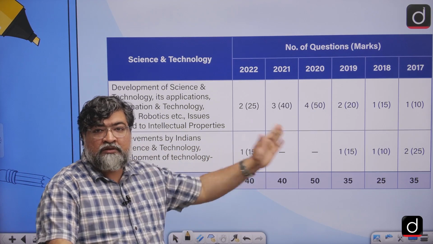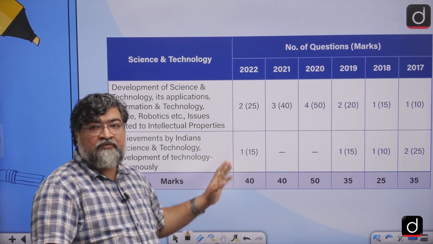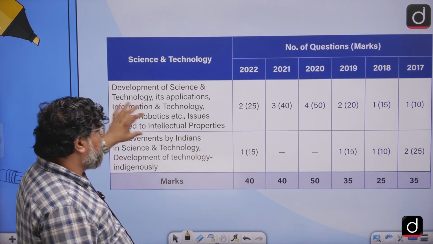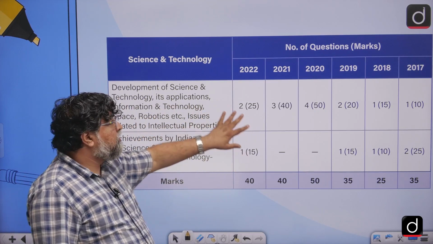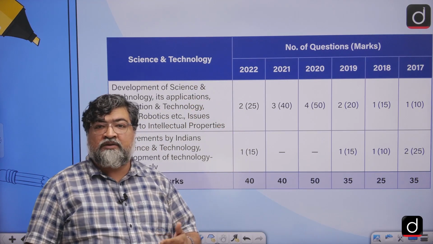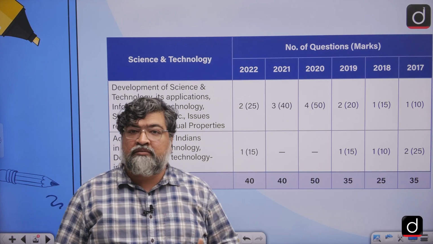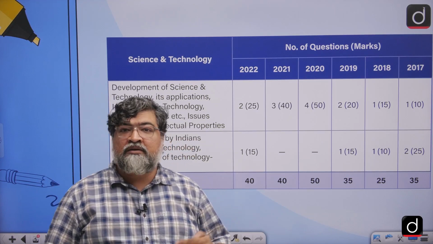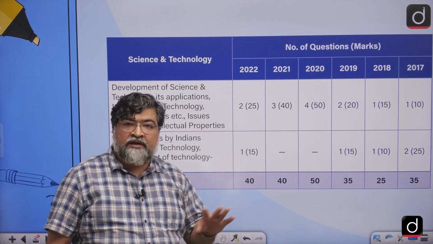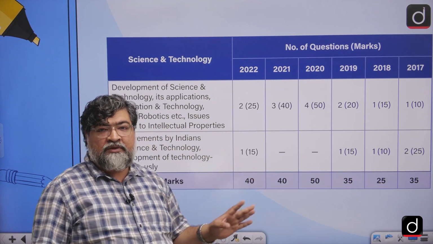If we break it into sub-components, we find that this year 2022 there are two questions of 25 marks based on development of science and technology. One is the vaccine development from Indian vaccine manufacturers, and the second is based on the biological part of it.